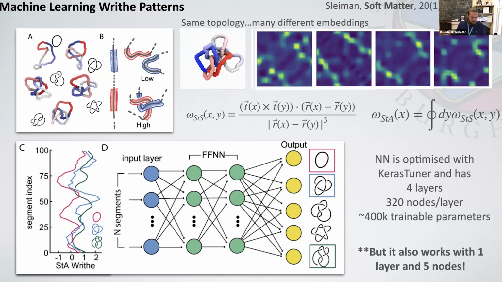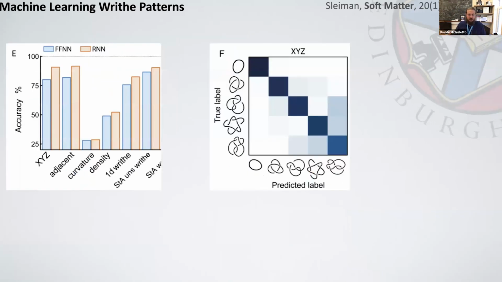And what we get is the following. If we train the network with the XYZ coordinates of the beads, we get a decent result. This is something other people have done before. The feed-forward neural network gets to 80% accuracy, which is pretty good, with a confusion matrix that shows a little bit of confusion around the 5-1 and 5-2.